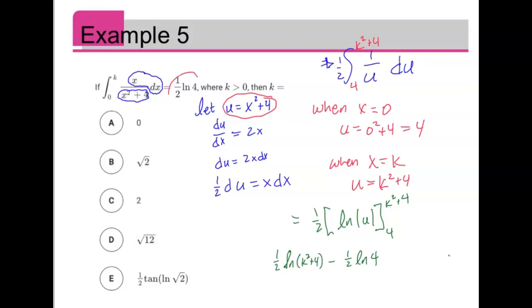Now that has to equal half natural log of 4, right? All right. Well, if I add this to both sides, I just have that natural log k squared plus 4 equals, those cancel, and on the right-hand side, I'm just going to have natural log 4, right?